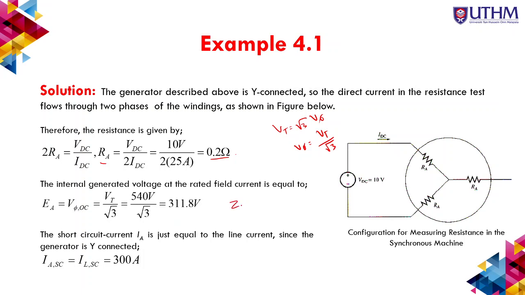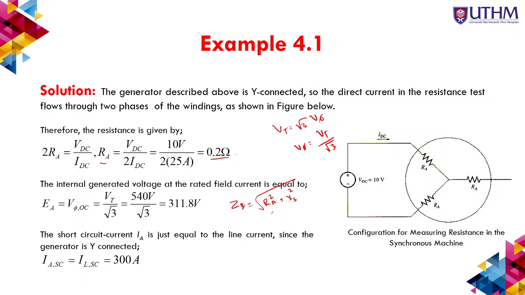To get the ZS, what is it equal to? It is the square root of RA squared plus XS squared. But XS we don't know, RA also we don't know, and we have only this.